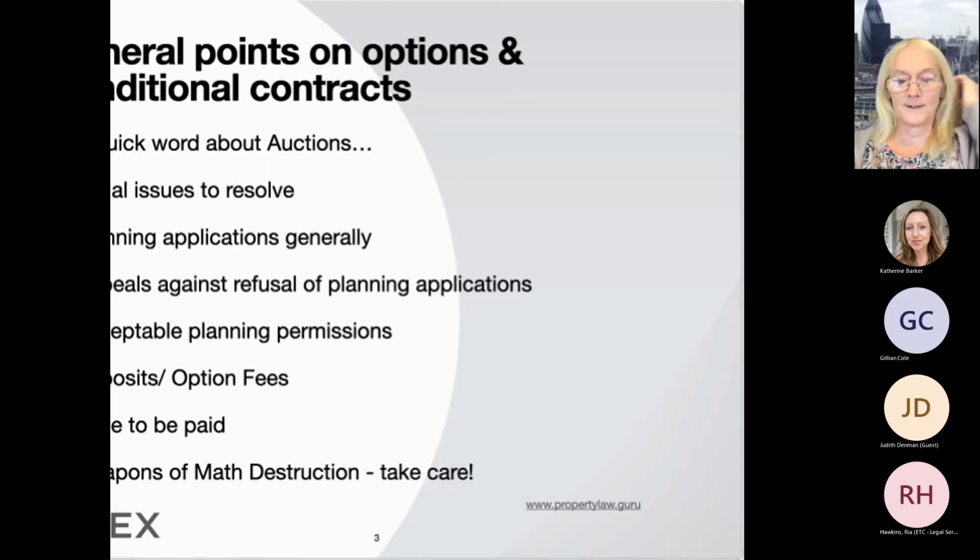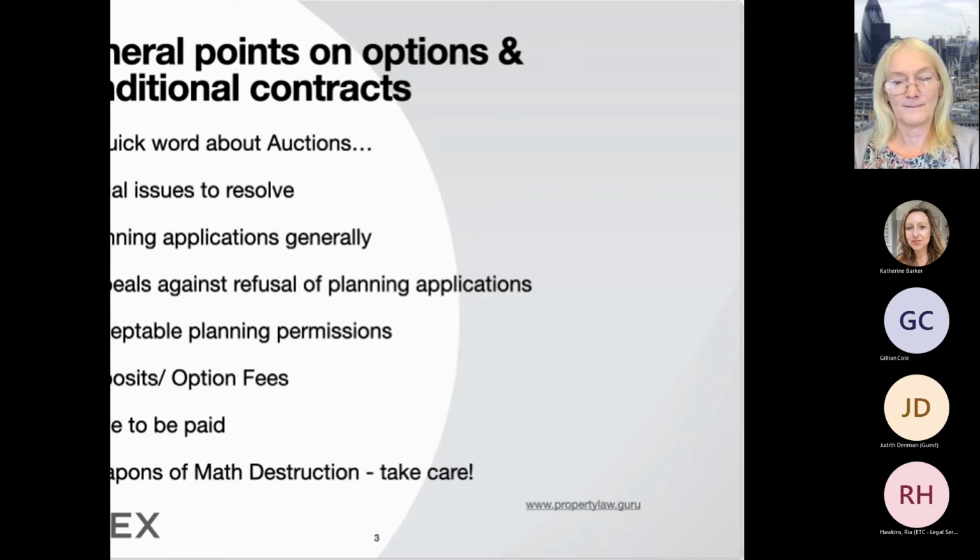So if the builder has to buy it, then they will have no way out. And obviously no builder is going to want themselves put into that situation. So therefore, right at the very beginning, in the document, there may be a definition of what is an acceptable or a satisfactory planning permission.